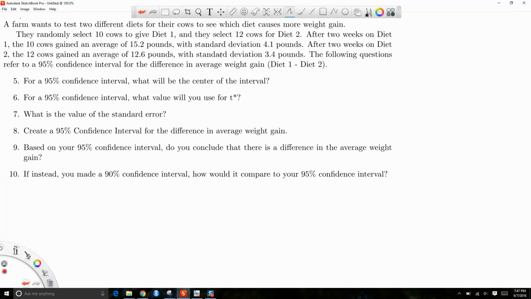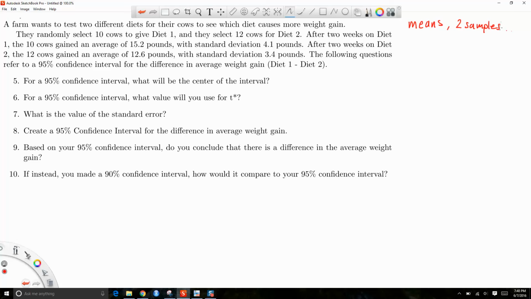On diet 2, the 12 cows gained an average of 12.6 with a standard deviation of 3.4. We're looking at a confidence interval for the difference in average weight gain. So are we dealing with means or proportions? We've got means. And do we have 1 sample or 2? 2 samples.